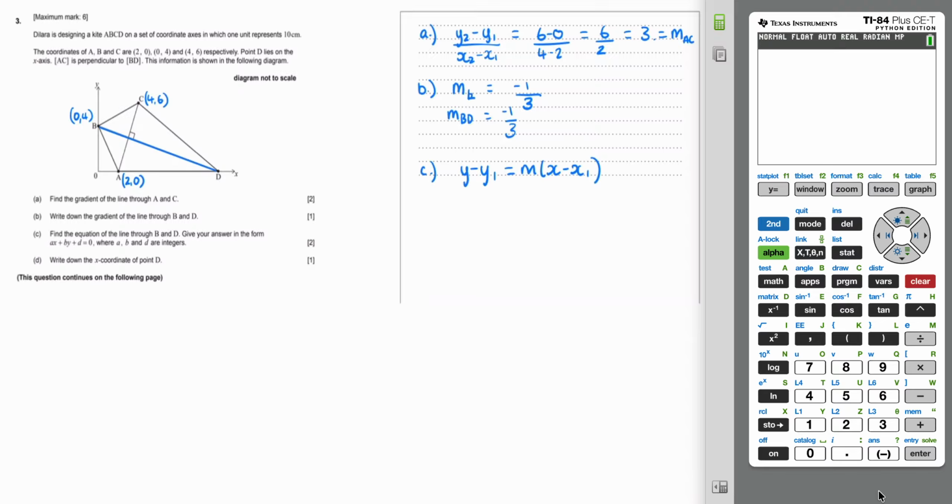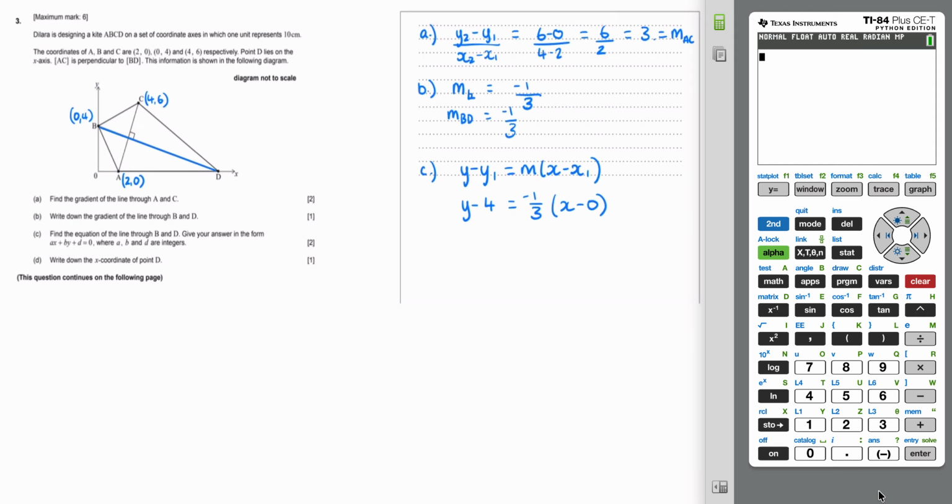And we need the gradient of that line, which we know is -1/3. So we're going to substitute all of that in. We have y minus 4, the y coordinate, equal to -1/3, the gradient, times x minus 0, the x coordinate.